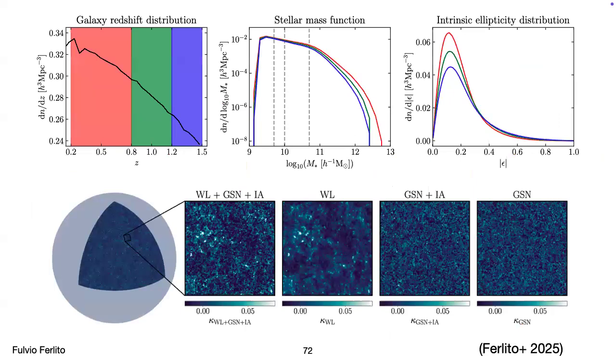Here we have the mass function of our galaxies. The vertical dashed lines are the different mass cuts we apply. So the conclusion from the mass cuts is that with the higher mass cut, the effect is stronger. Yes.